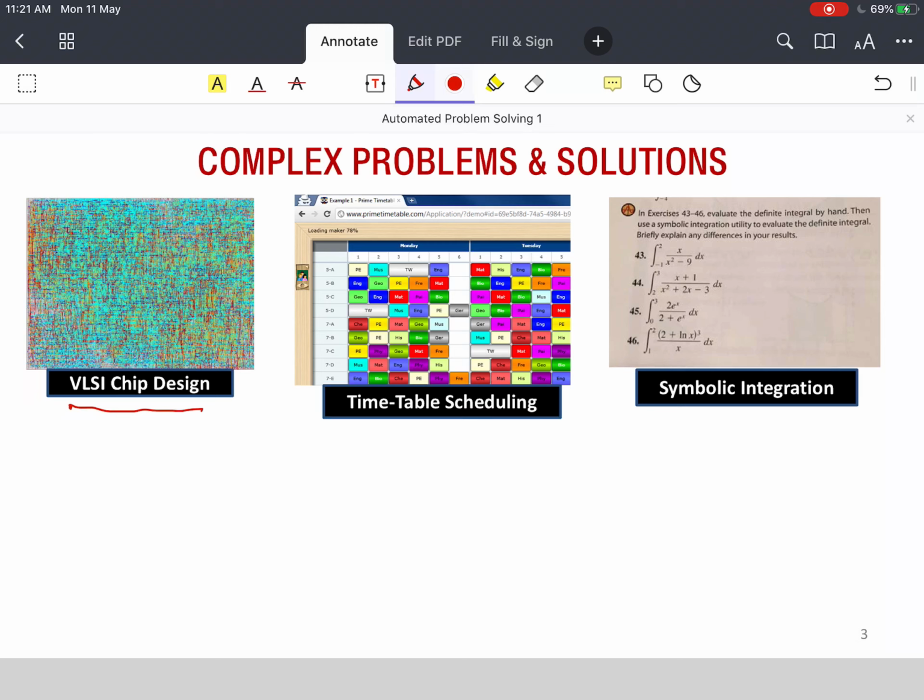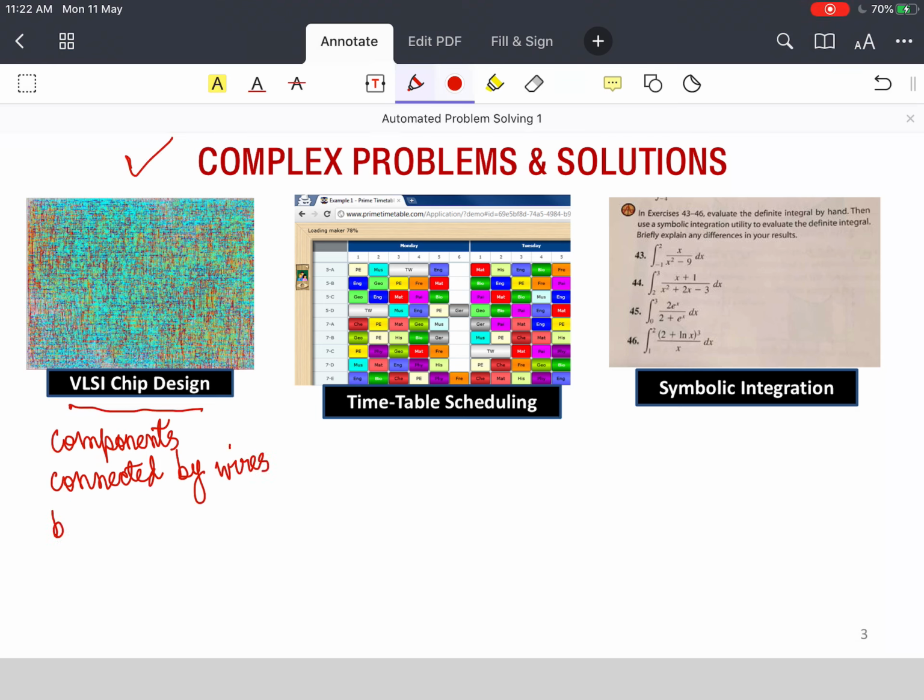This diagram which we see here is just a diagram of a layout of a chip. Now a chip consists of components, and then each of these components need to be connected by wires.